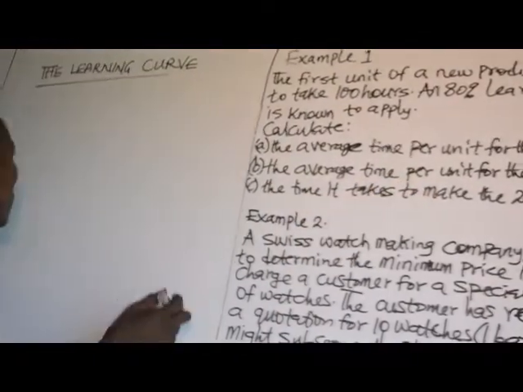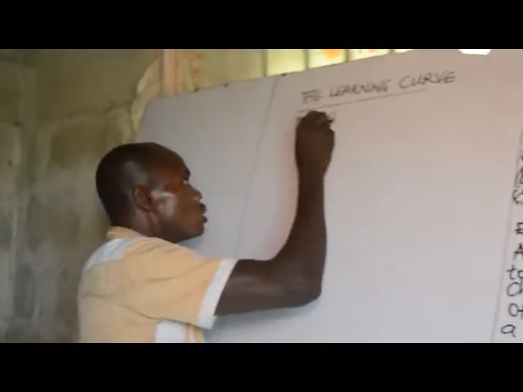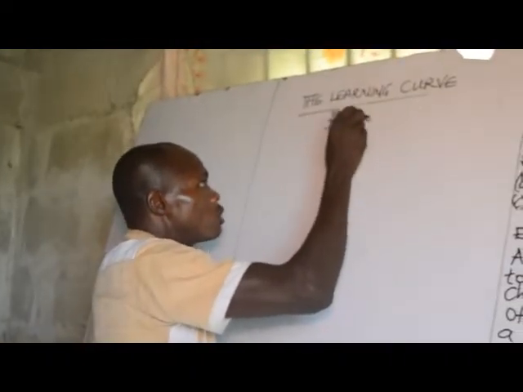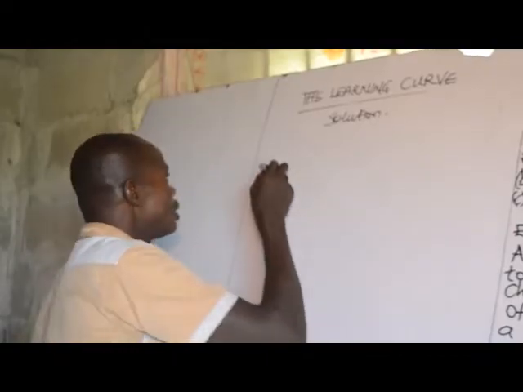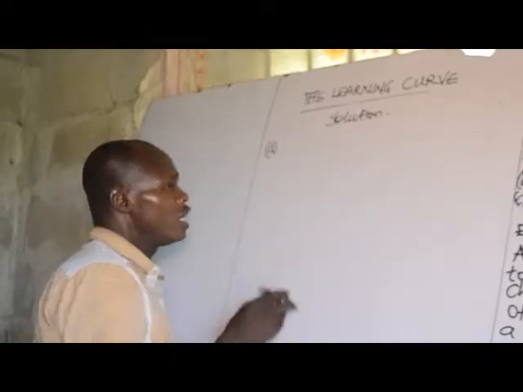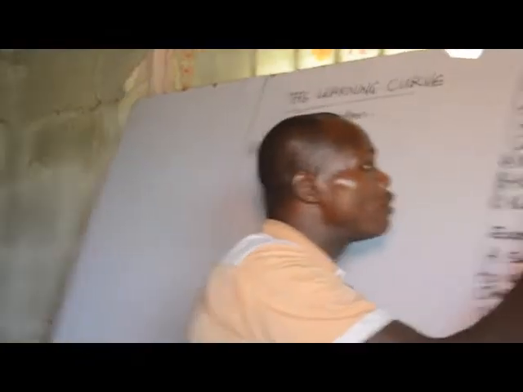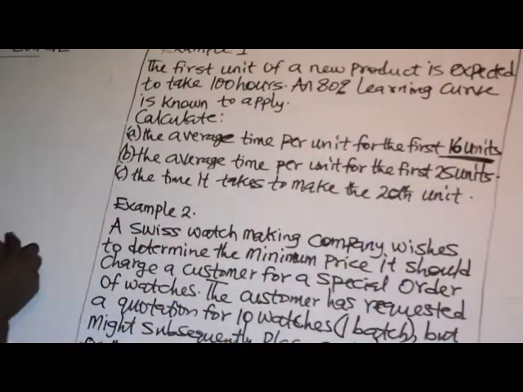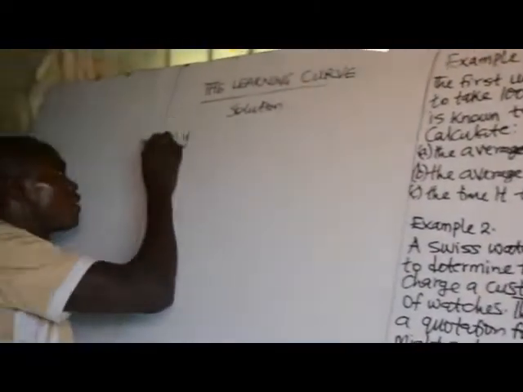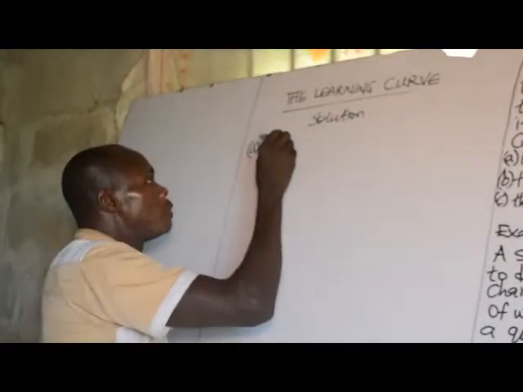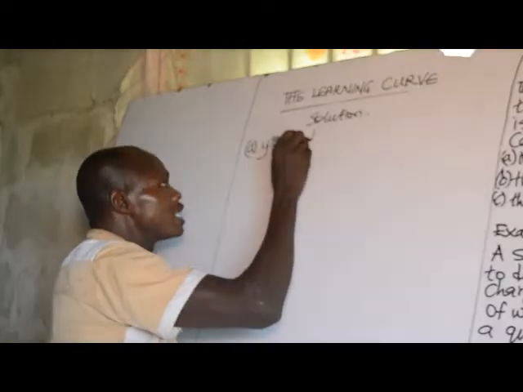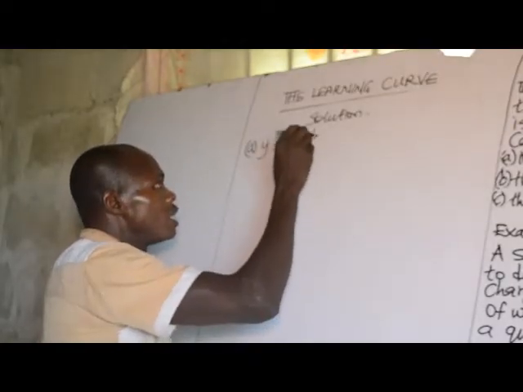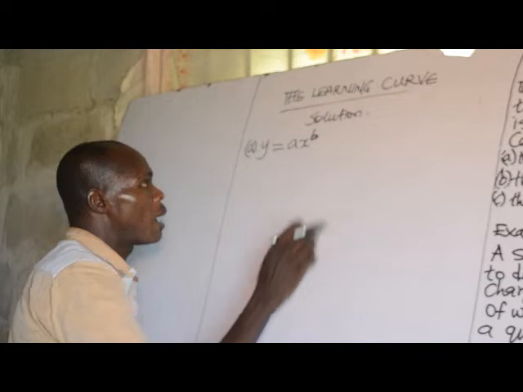Now the solution to example 1. Requirement A: you have to calculate the average time per unit for the first 16 units. The formula for calculating the average time of a defined cumulative output is aX raised to power b.